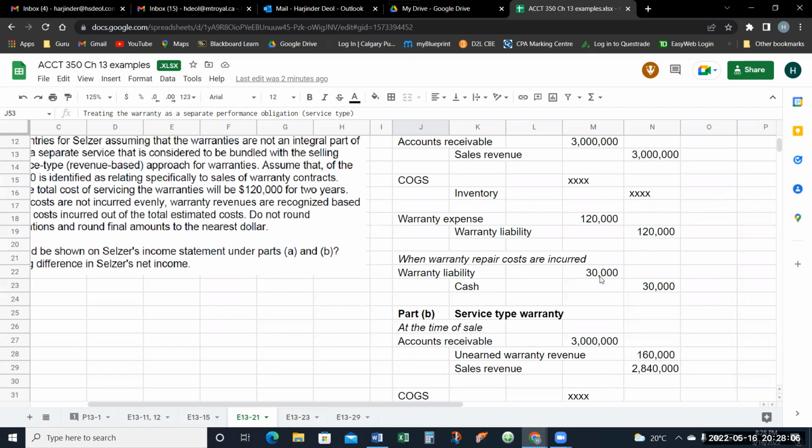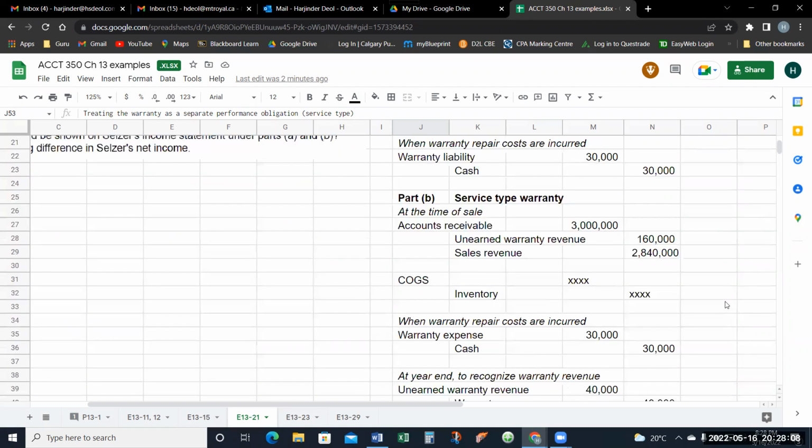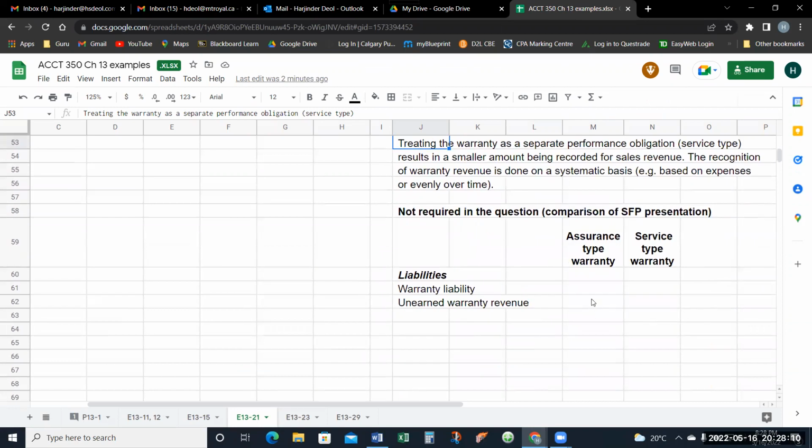So that nets out to a warranty liability of $90,000 being shown on the balance sheet. And we don't have any other unearned warranty revenue, etc., because under the assurance type warranty approach, we do not record any revenue for the warranty.